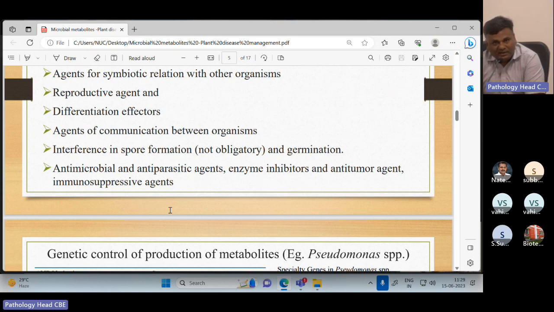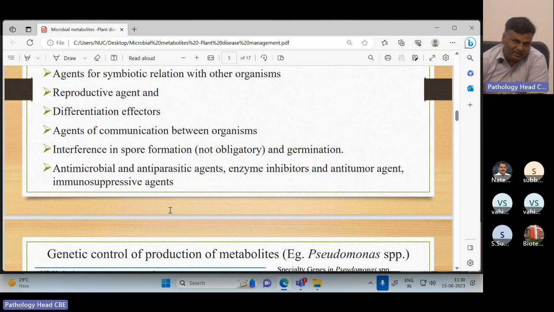There are some advantages to using metabolites in place of the organism. When we use an organism, most of us know that their survival becomes a problem, their handling becomes a problem, we are not able to increase their shelf life beyond a certain point, and even their delivery method becomes an issue.